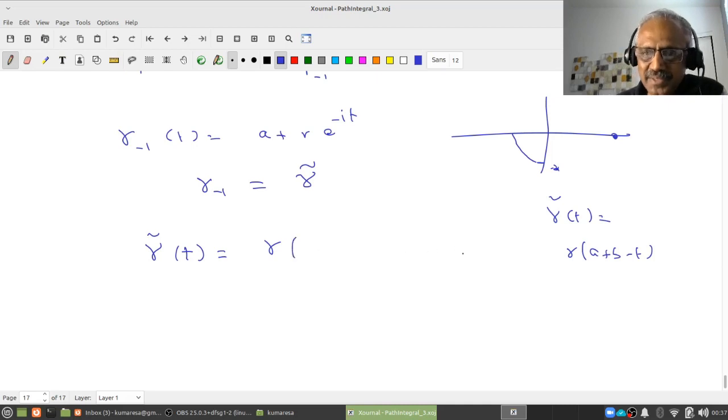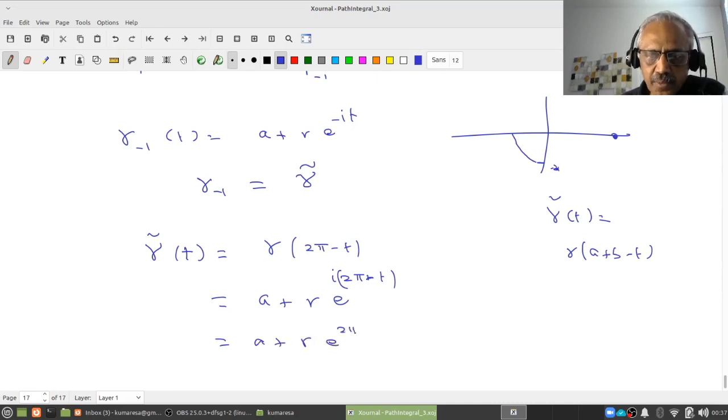Therefore here what is a? a is 0, b is 2 pi, therefore it is 2 pi minus t. Therefore this is a plus r e power i times 2 pi minus t. This is a plus r e power 2 pi i into e power minus i t, but e power 2 pi i is 1.